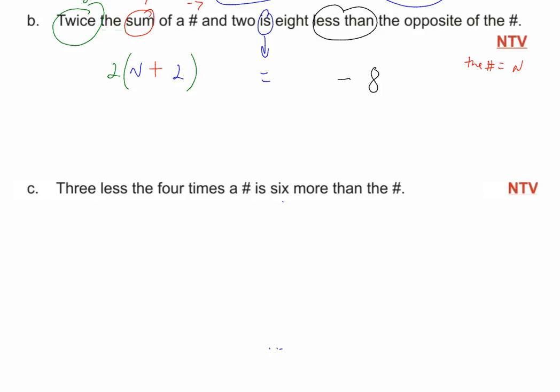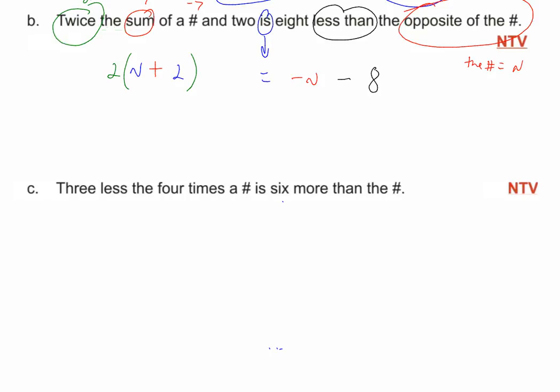We got one more thing to deal with. How in the world do we say opposite the number? 8 minus n? Not quite. Opposite the number. It is negative n, right? If the number's n, opposite the number is negative n.